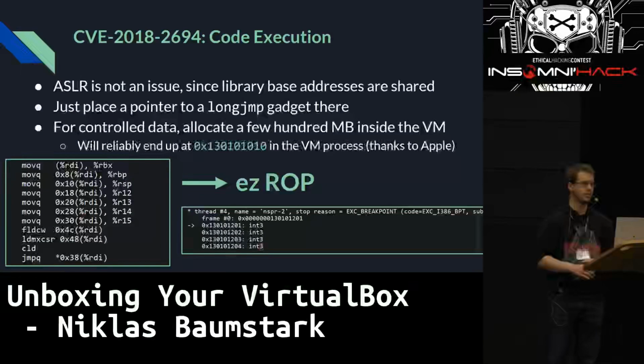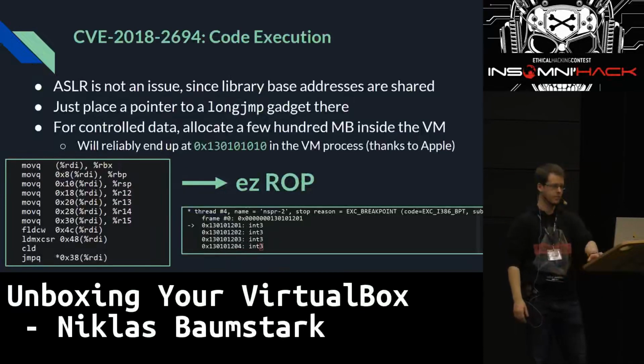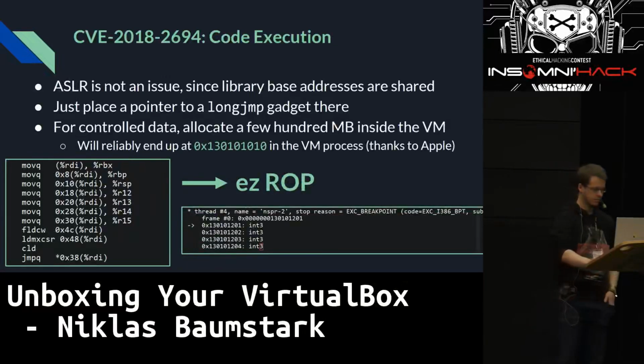It's just very poor at randomizing mmap allocations. So if we just allocate a lot of memory inside the guest, like 1 GB, then one of these pages will end up at this address. And then we just use a gadget that loads a lot of registers from our object, and we get ROP, and then we get code execution. Here on the right, you can see that my shellcode is executed somewhere in this fake object.